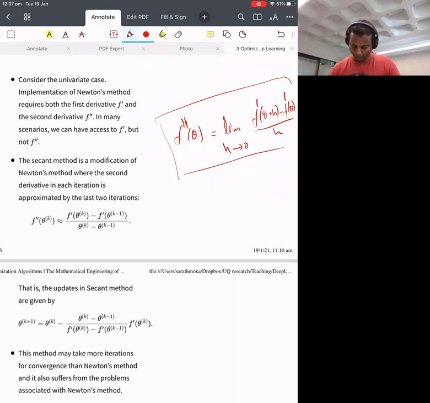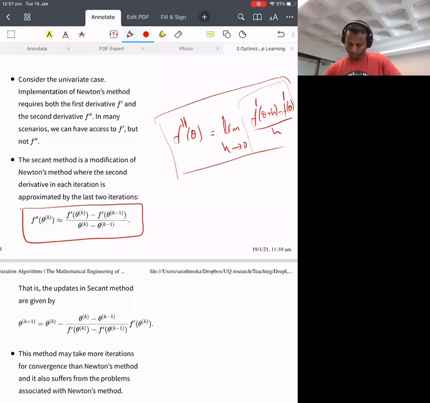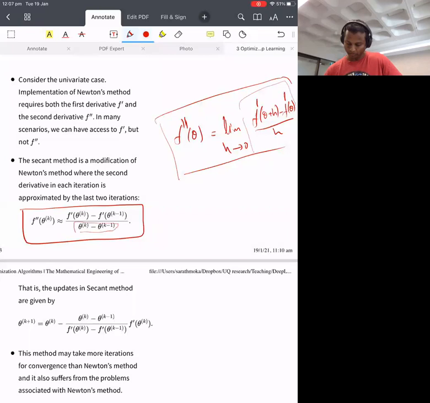We just incorporate it, assuming your step sizes are small enough. We approximate the second order derivative at theta k with this ratio, which looks very similar to the definition. Here h is the difference between this point and theta. Assuming h is very small, we get a good approximation.